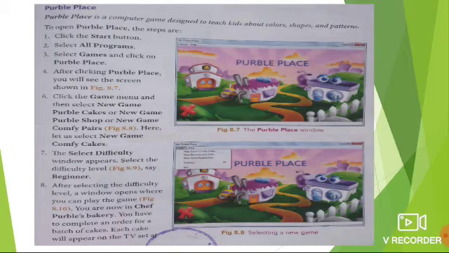As we are talking about Pebble Place, we will click on Pebble Place and the screen gets opened. When you click on game menu, you have to select the new game Comfy Cakes, or new game Pebble Shop, or new game Comfy Pages. Here let us select new Comfy Cakes and then select difficulty level.